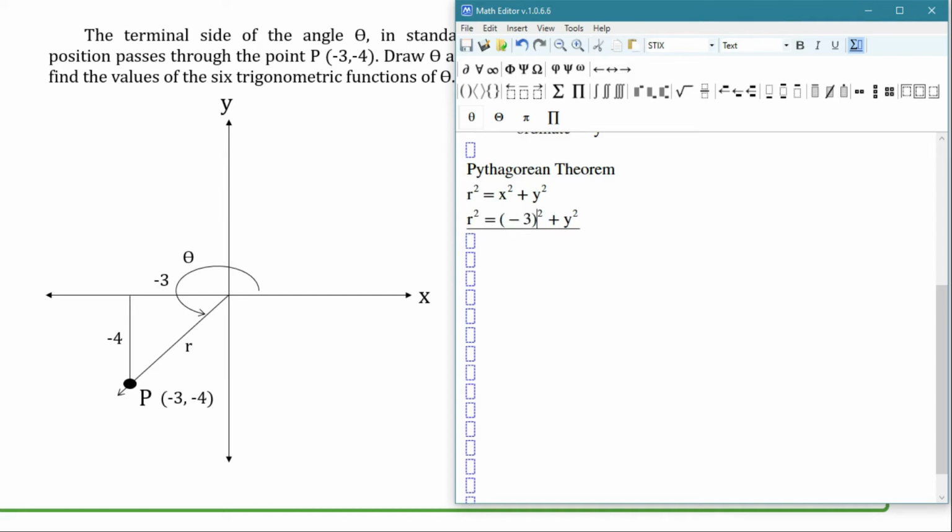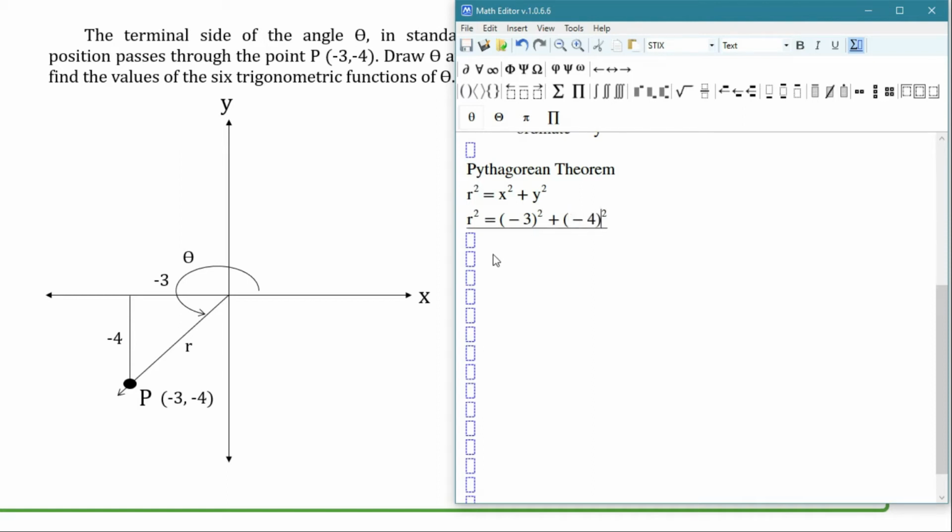Do not forget to put parentheses, because of the rule on exponents. With parentheses, the square of negative 3 is positive. But if the exponent applies only to 3, then we do not include the negative sign. So it is much different. And then the value of y would be negative 4.